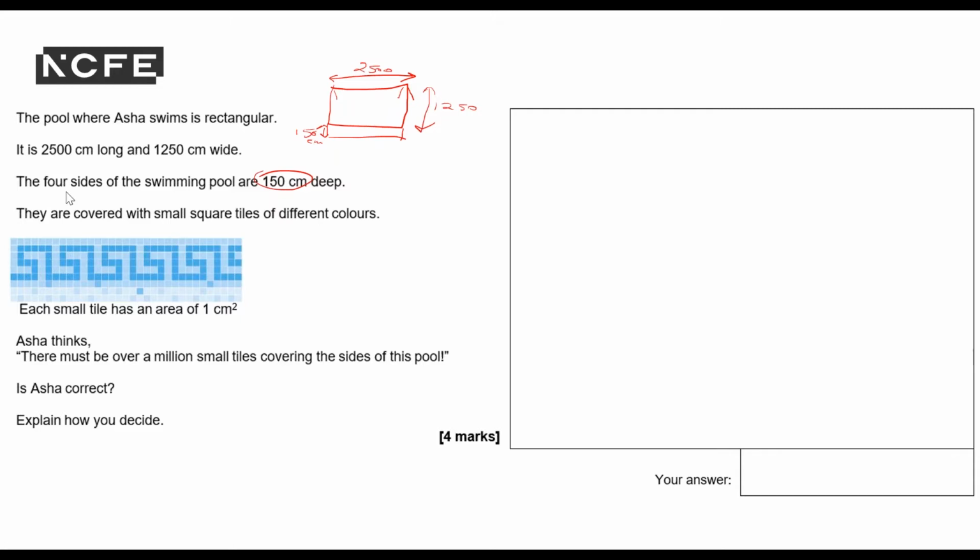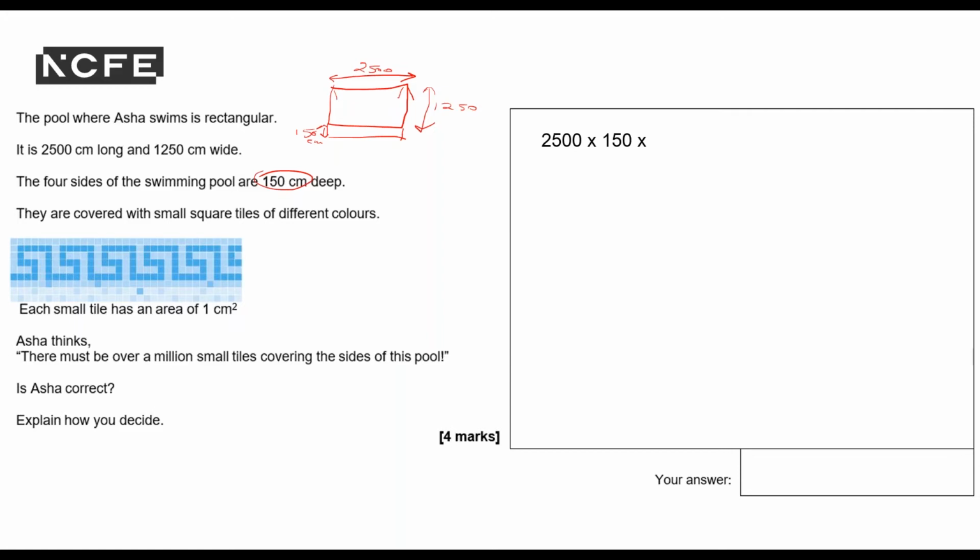Now I need to do my calculations, and I'm not allowed a calculator for this. So let's see how I can make this as easy for myself as possible. I want to do 2,500 times 150, and once I've done that, I'm going to double it.